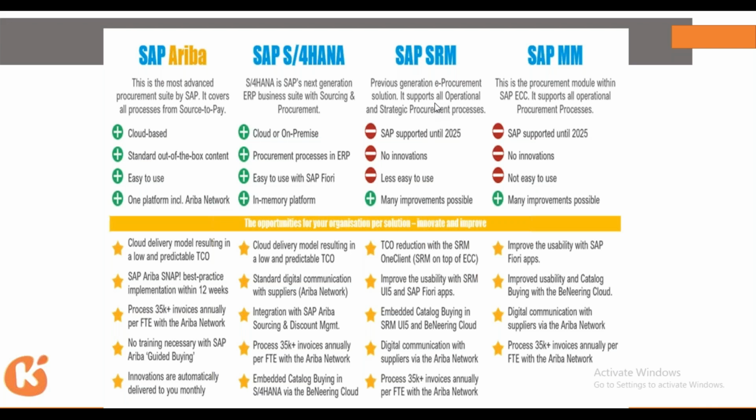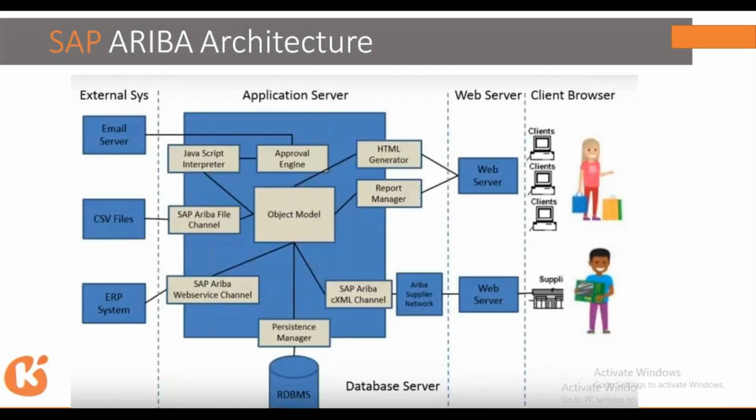The customer who is already using SAP SRM has to migrate to SAP Ariba, and the customer who is on SAP MM in ECC has to migrate to SAP S/4HANA. So this is a quick comparison between the popular products from the procurement point of view. All right, this is very important.